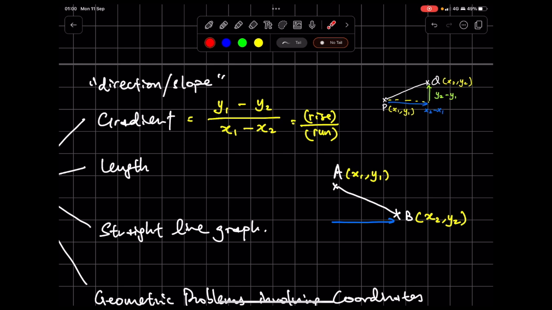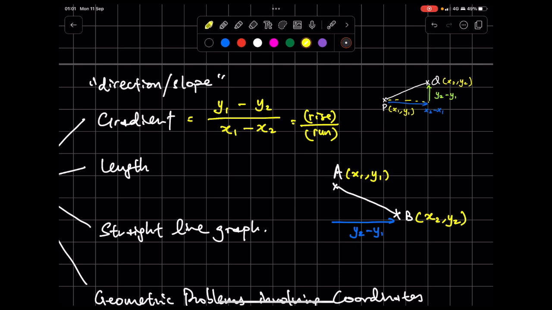You know left to right is getting bigger and more positive, and bottom to top is getting bigger and more and more positive. So run in this case is given by y2 minus y1 because y2 is the bigger number.